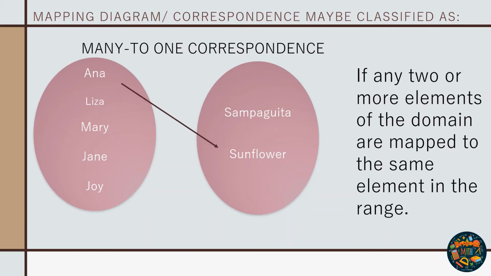So, many students will be mapped to the same section. So, ibig sabihin, let's say Anna, Jane, and Joy belong to Sunflower. Then Lisa and Mary belong to Sampaguita. And that shows many-to-one correspondence.